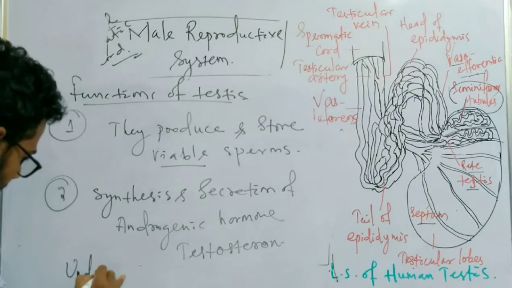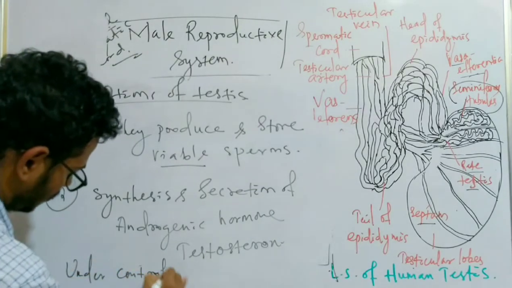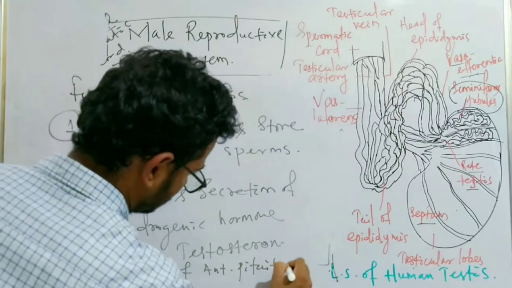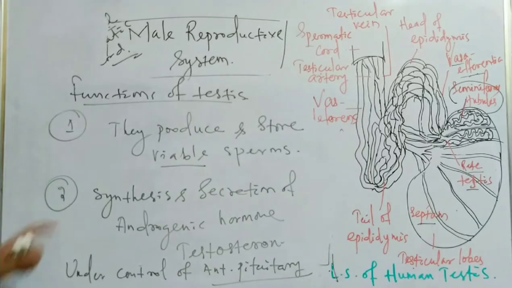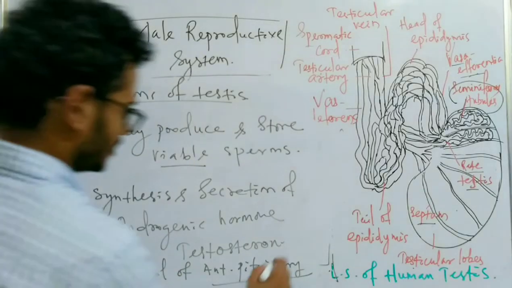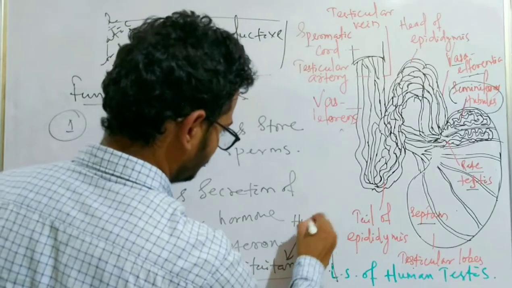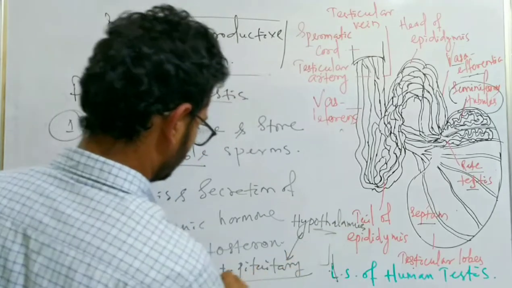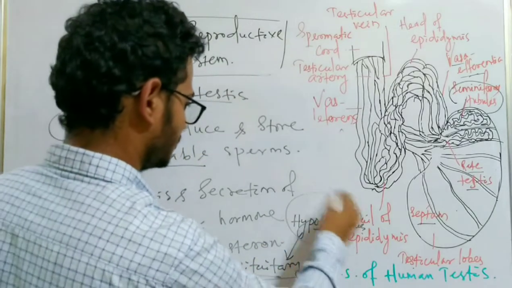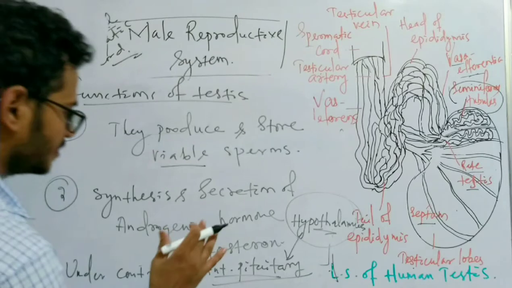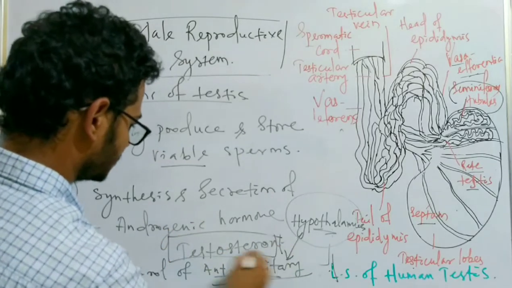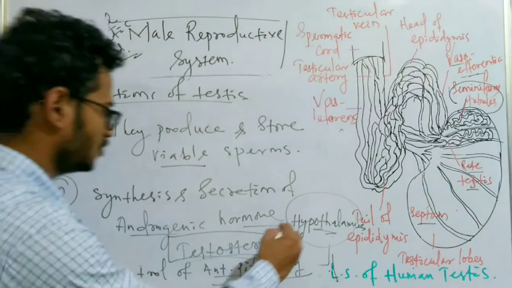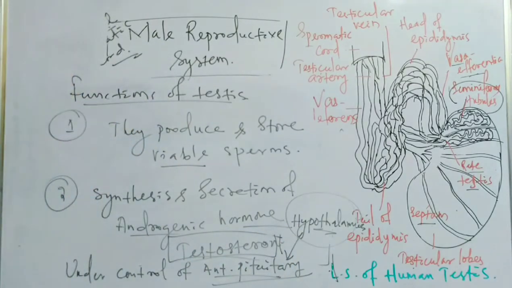It is under control of anterior pituitary, and it is also under the control of the hypothalamus. Anterior pituitary, which is under the control of hypothalamus, controls the synthesis and secretion of the male sex hormone or the androgenic hormone which we call the testosterone.